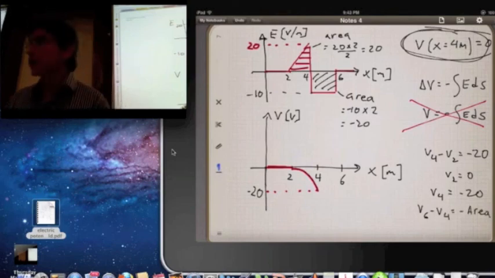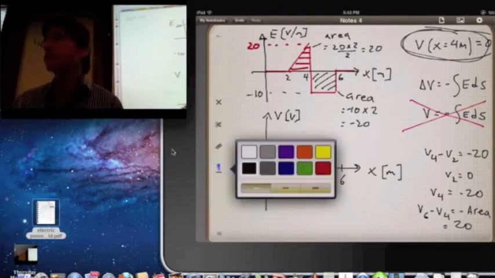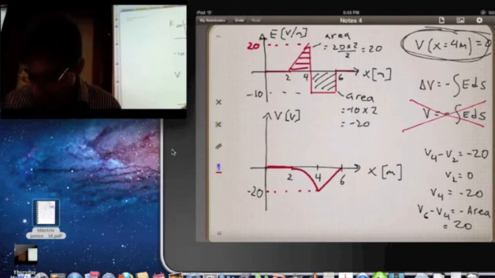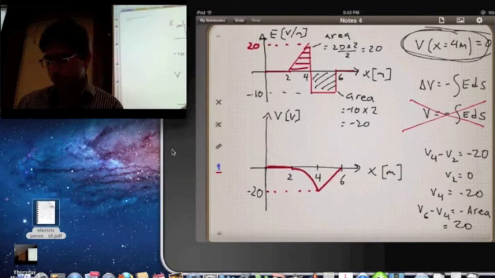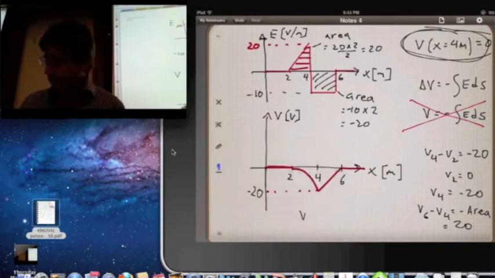It should increase by 20, and it should be linear because the electric field is constant. Okay? So we're going to go from minus 20 all the way to 0, right? It's going to increase by 20. Okay? And after 6, the electric field is 0, the area there is 0, so the potential becomes constant there. It's not changing anymore. Okay, so I'm done with that.